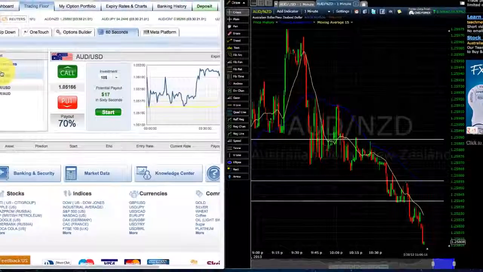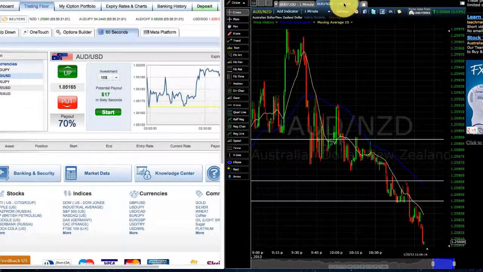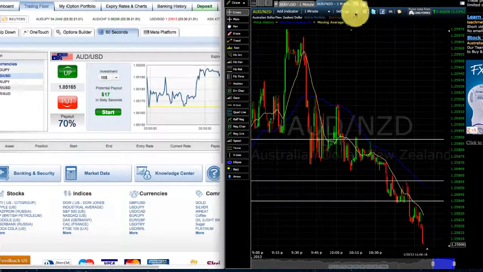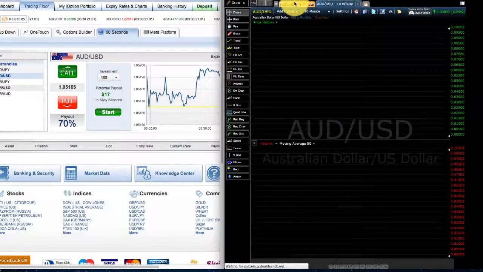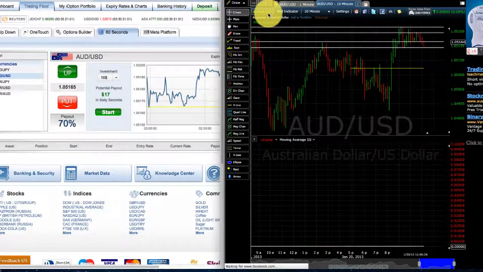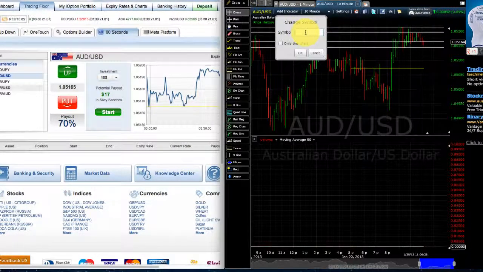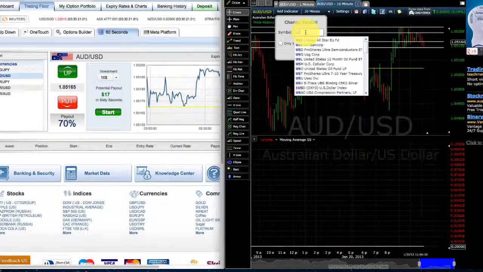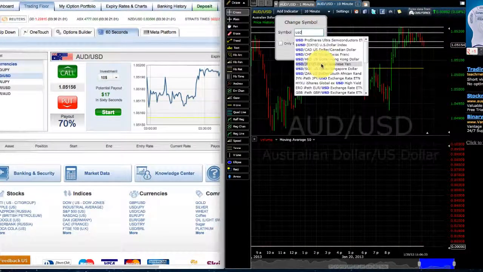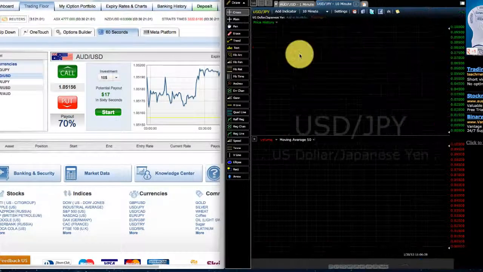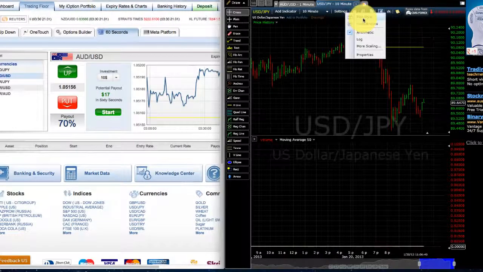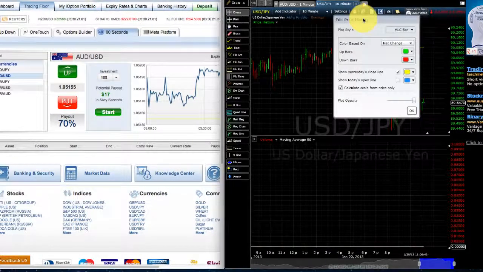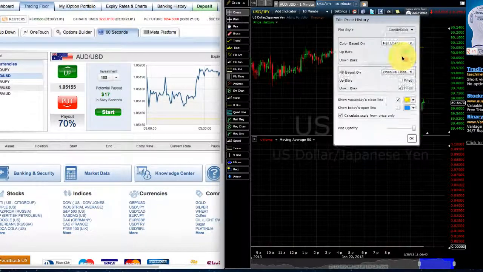We bring up the USD Japan. So let's close that one. Alright, so let's change this to USD Japan. We'll just have to change a few of the settings. We want to change this to a candlestick.